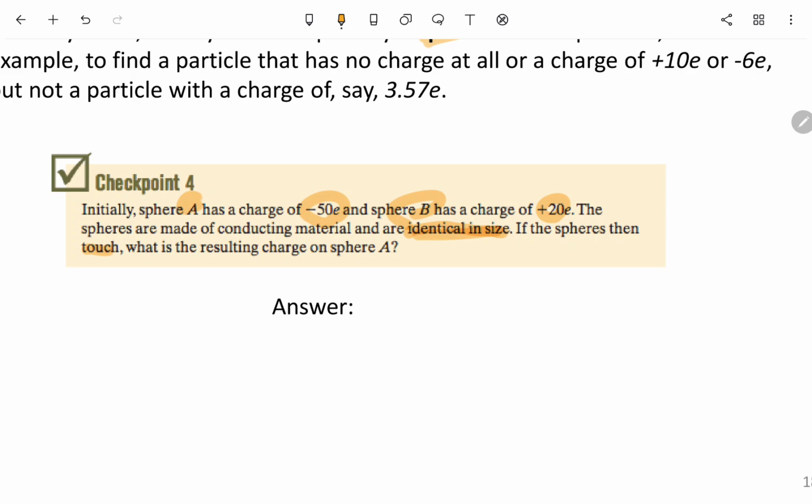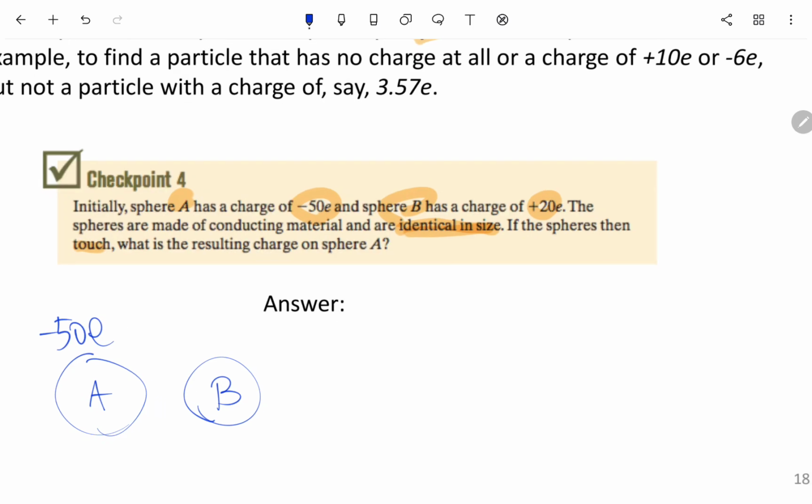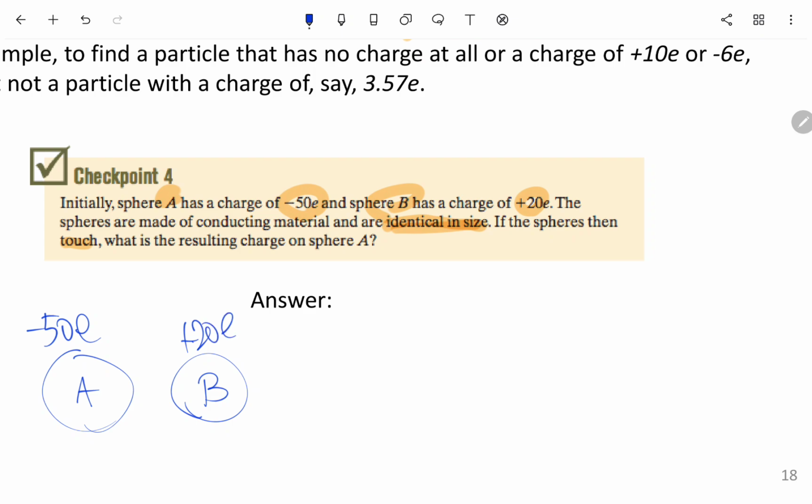Okay, 所以这个一开始的状态是我们有一个 A 球，有一个 B 球。那这个有负50e，这个有正的20e。Okay, so initially it is something like this, and then you let sphere A and sphere B touch each other, and after touching each other, you can also separate them.